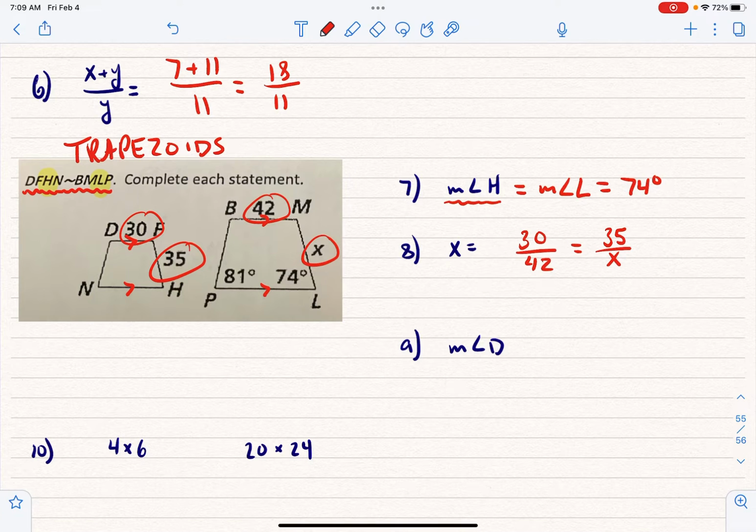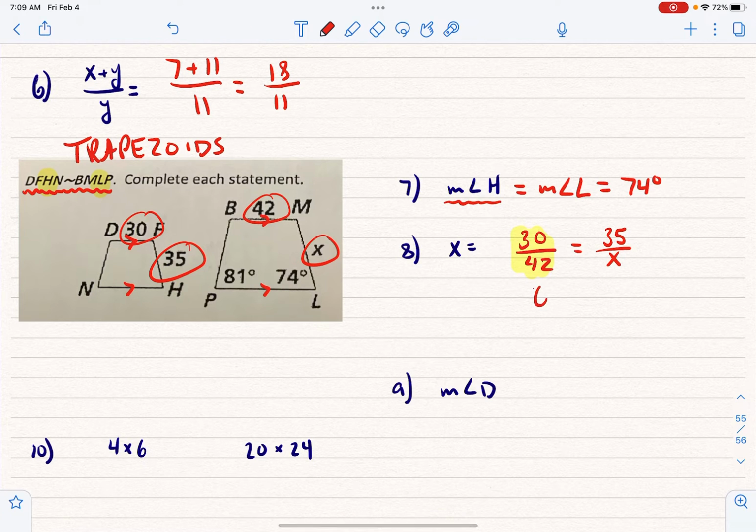And then cross multiply. Now, real quick before I finish this problem, something you can do that we probably haven't talked about a lot is you can reduce any of this if it makes it a lot easier. Like I could reduce this fraction right here. I don't know if you guys realize, but the number 6 goes into both 30 and 42.